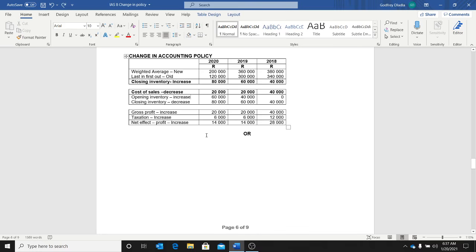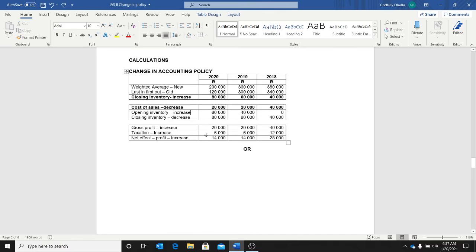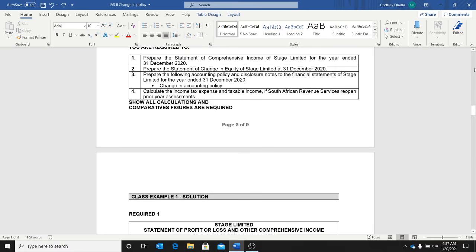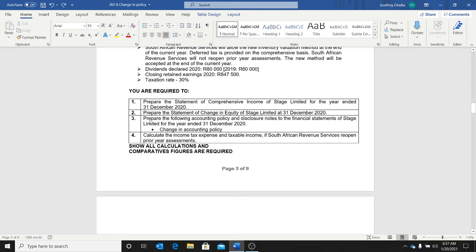Now if we are here, let's deal with the exercise. I want to start by putting the changes that I need to put here. So here in number 1, under required, they say prepare. They wanted to prepare the statement of comprehensive income.